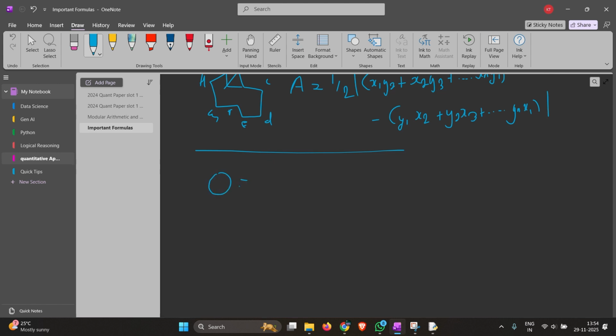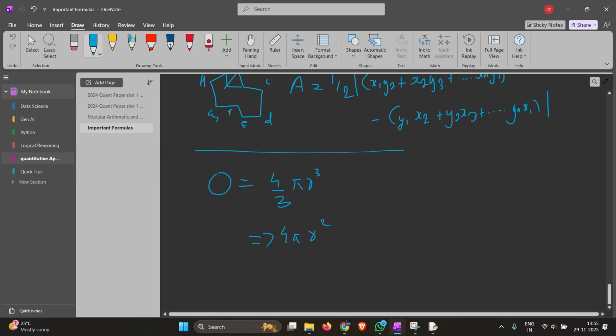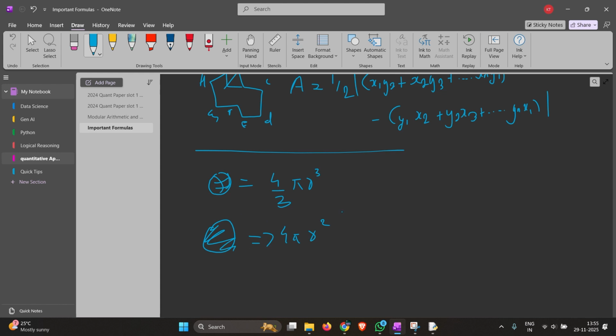So the volume of a sphere is 4 by 3 pi r cube, and the surface area of the sphere is nothing but 4 pi r square. So this is the volume of a sphere, all the insides, and this is just the surface area, 4 pi r square and 4 by 3 pi r cube. So this is volume, this is the surface area.